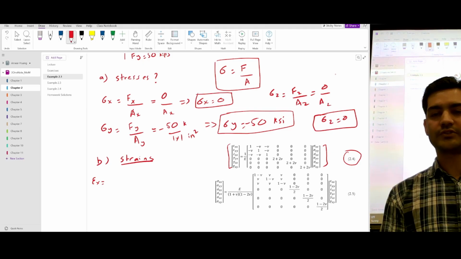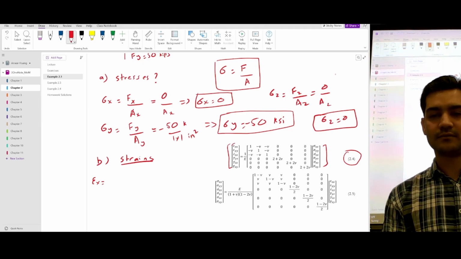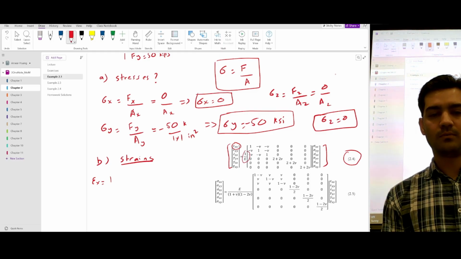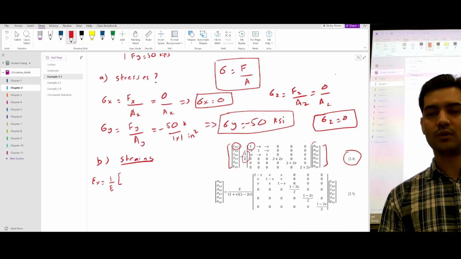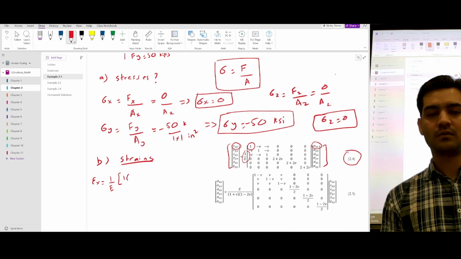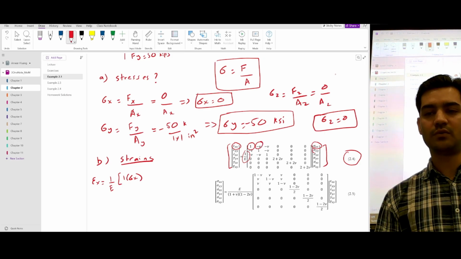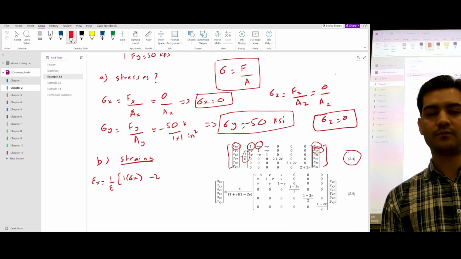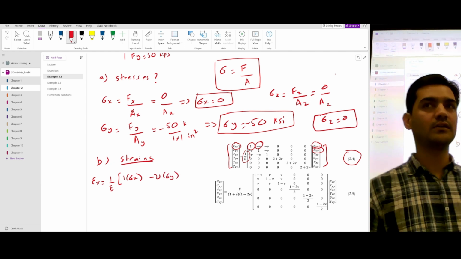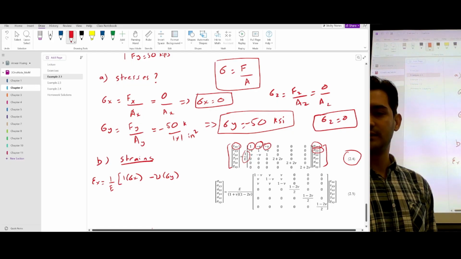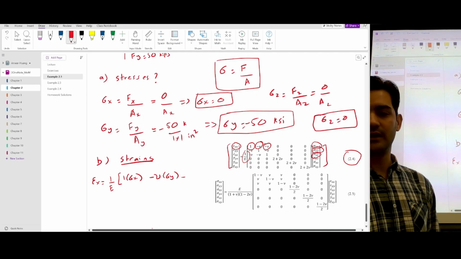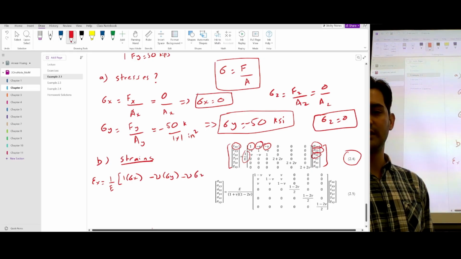How we can extract the equation from this: this is the strain in the x direction, which is equal to 1 over the modulus of elasticity, into, we have to multiply this 1 with stress x, and then we have to multiply this Poisson ratio with stress y, which is negative Poisson ratio into stress y, and then you have negative Poisson ratio into stress z.